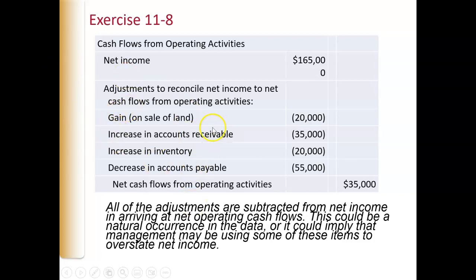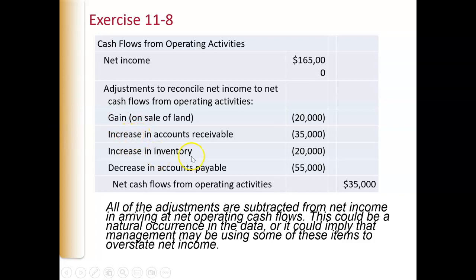If there's an increase in accounts receivable, if you think about it, that increase said we sold something or we provided a service but haven't gotten cash yet. So we're going to subtract it.